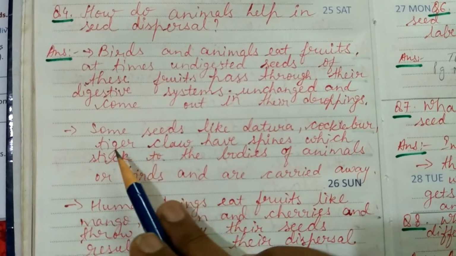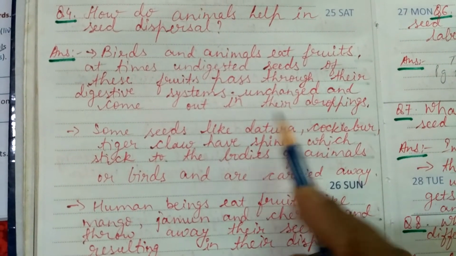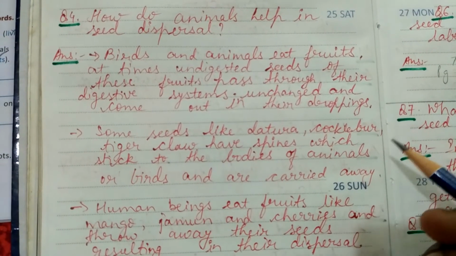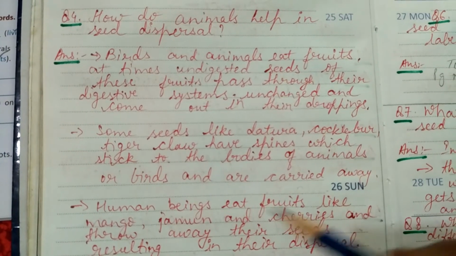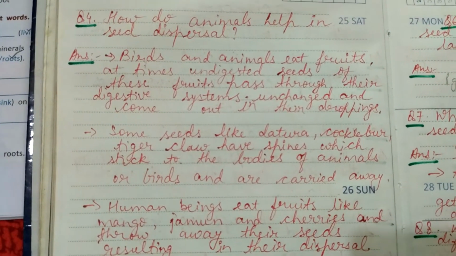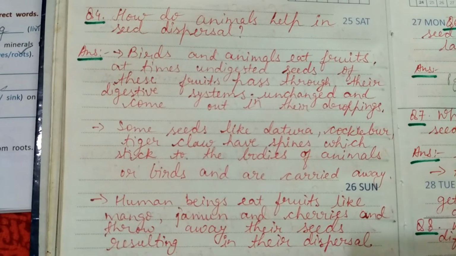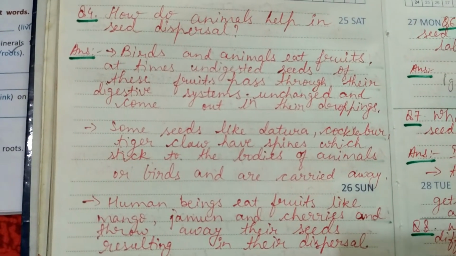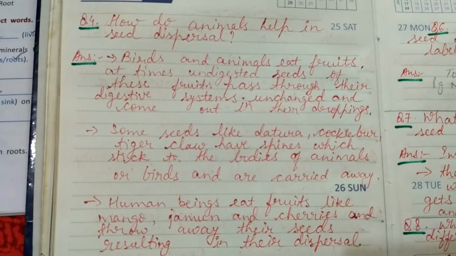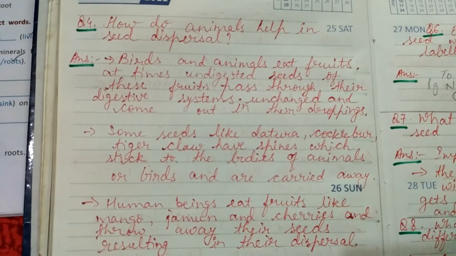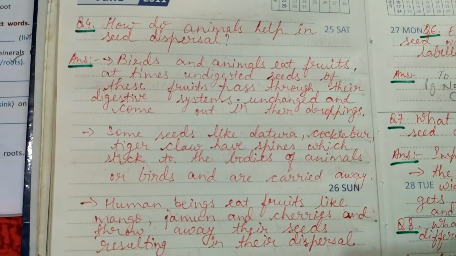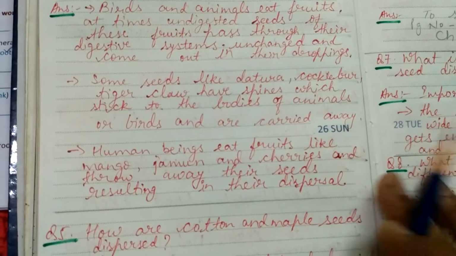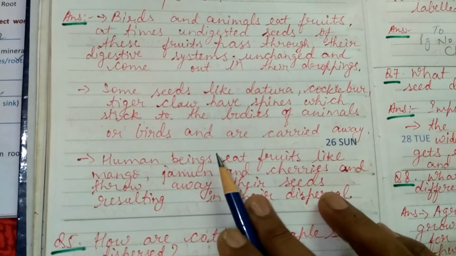With the help of those spines they hook and stick to the hairs and fur of animals. Whenever that animal goes from one place to another and rubs its body against something, those seeds fall down on the ground and germinate. Like this, these seeds are carried away from their mother plant.